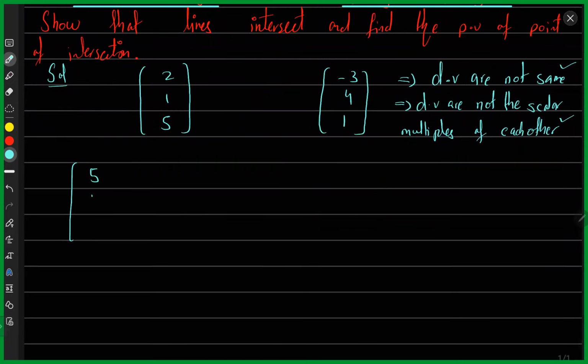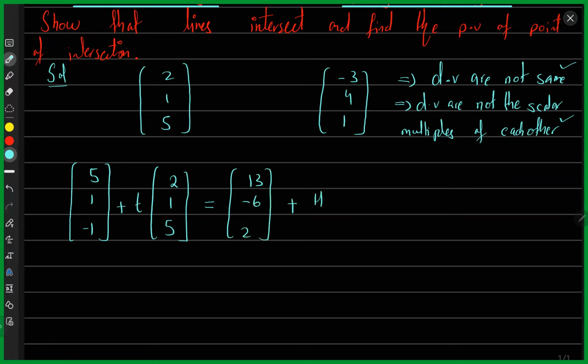It's 5, 1, minus 1 plus t into 2, 1, 5. This is line 1, and this has to be equal to 13, minus 6, 2 plus mu into minus 3, 4, 1. This has to be equal for some value of t and mu in order to have the two lines intersecting.